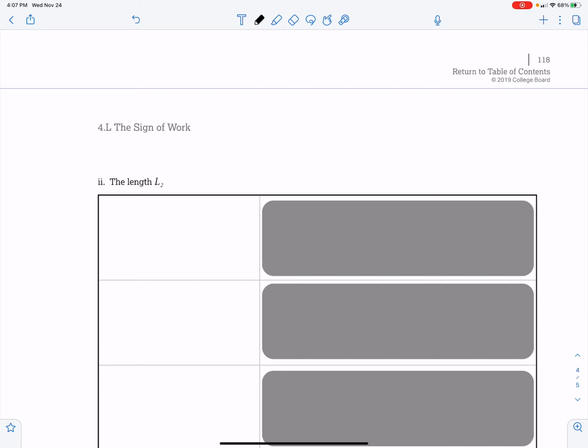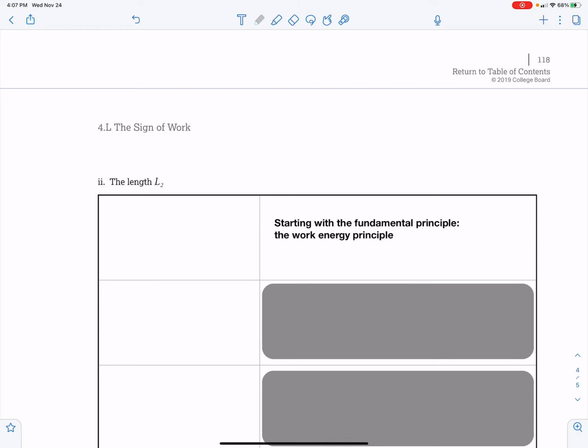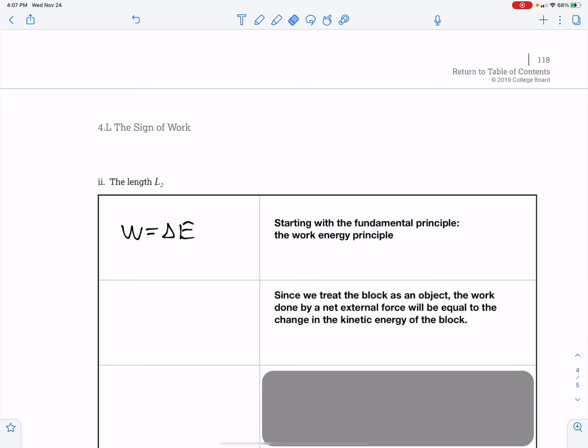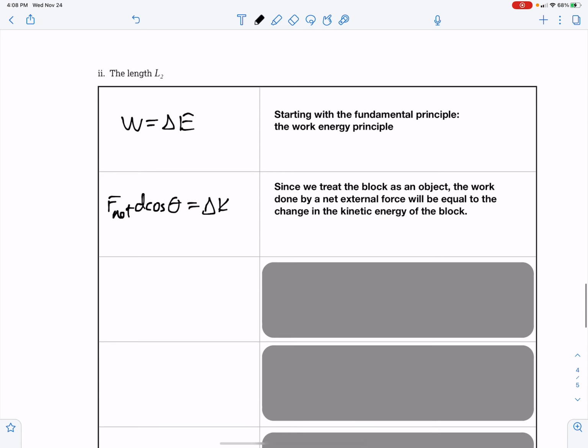Okay, let's solve for L2. Again, we're going to start with the fundamental principle: work is equal to a change in energy. We're going to treat the block as the object, so the work done is equal to the net external force times distance times cosine theta, and that's equal to the object's change in kinetic energy. In this case, you don't have two forces going in the same direction.